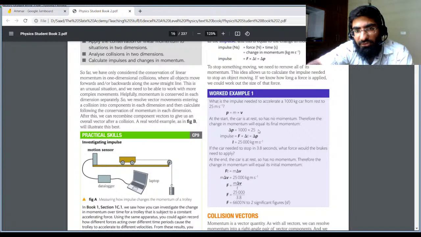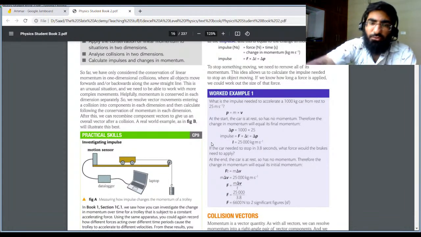They're using that impulse is equal to change in momentum, and impulse is equal to force multiplied by time. They're equating the two things to calculate force. Well, what is the second one you said?